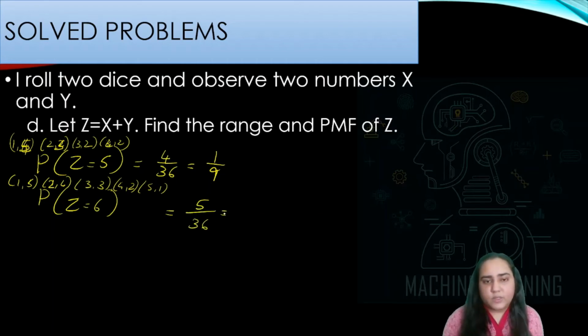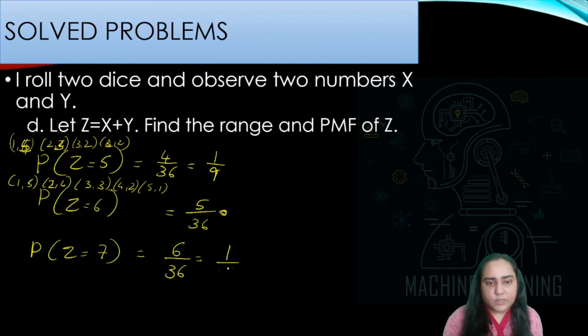And 5 by 36, you cannot evaluate any further, so that's the answer. For z equal to 7, there will be 6 possibilities. I'm not listing them out; you can find out for yourself. So that will be 6 by 36, which if you evaluate will be 1 by 6, because 6 into 6 is 36.